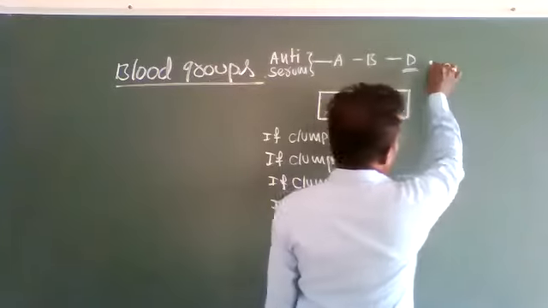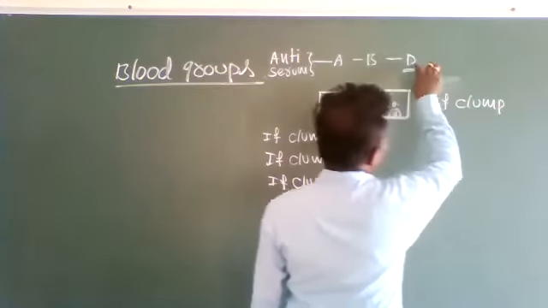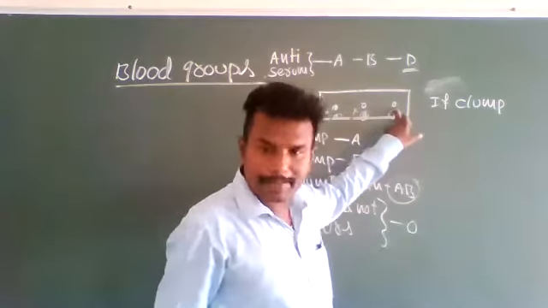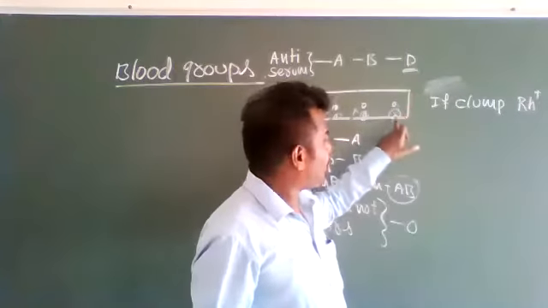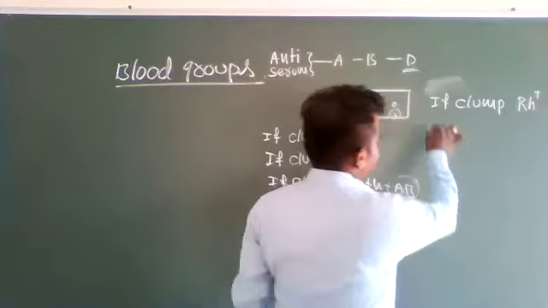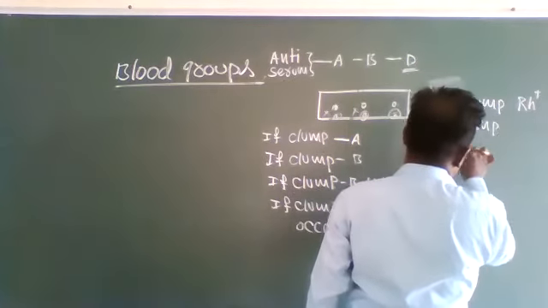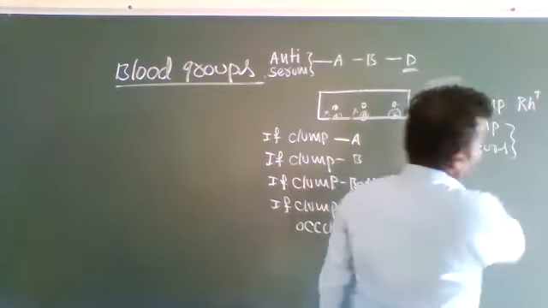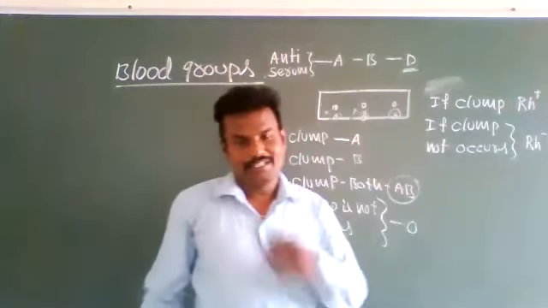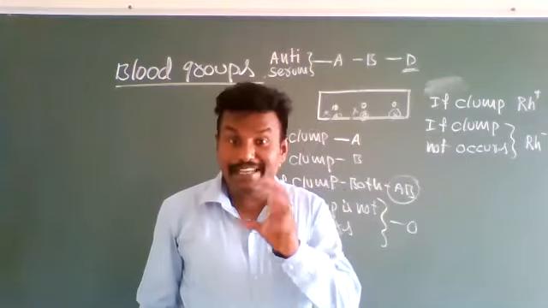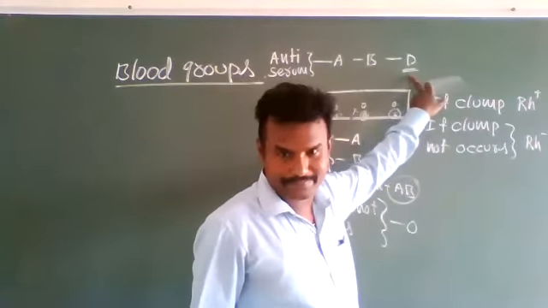If clump does not occur, then it is RH negative. So RH positive or negative can be determined through anti-serum D.